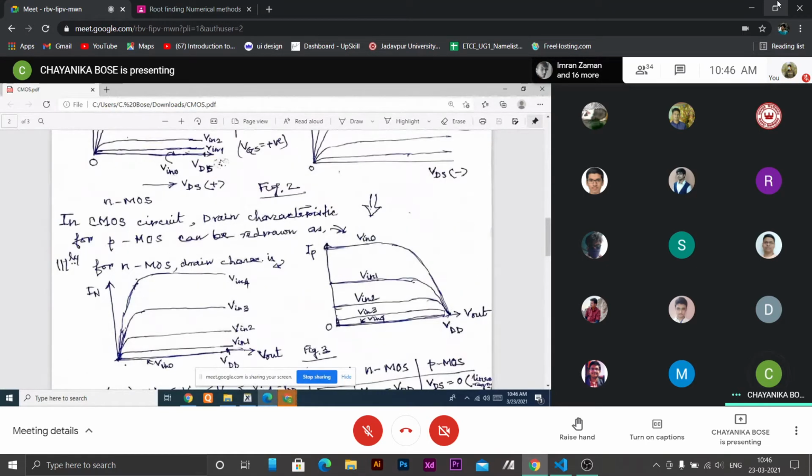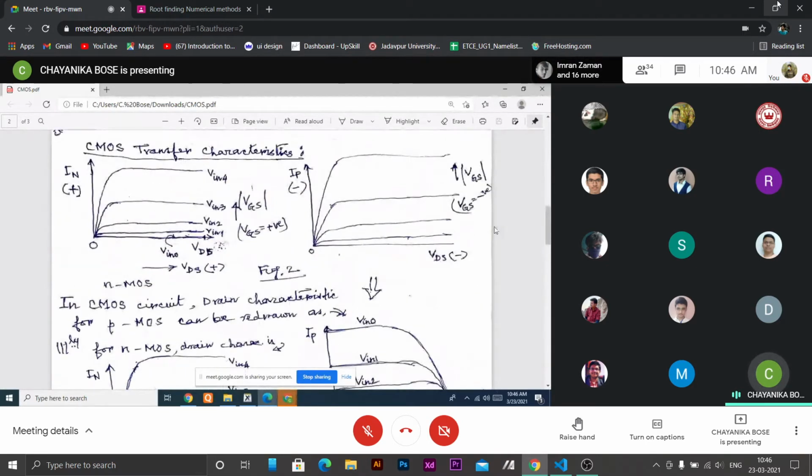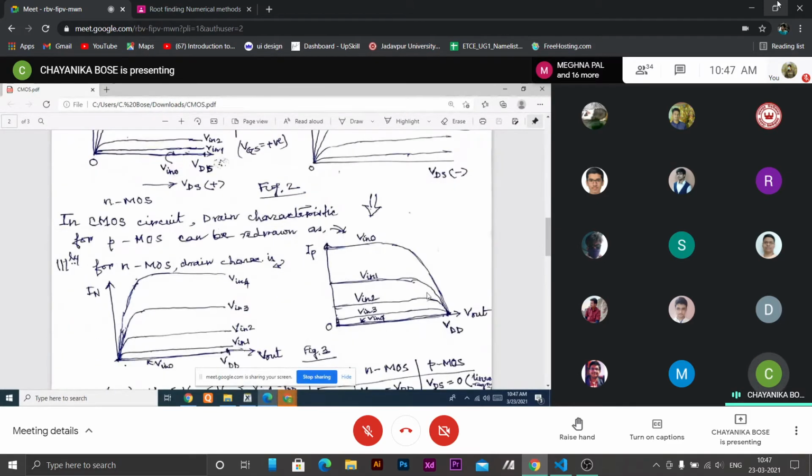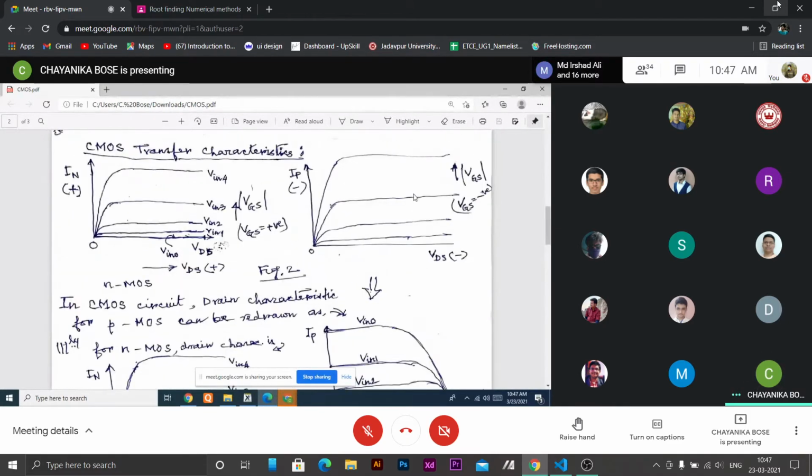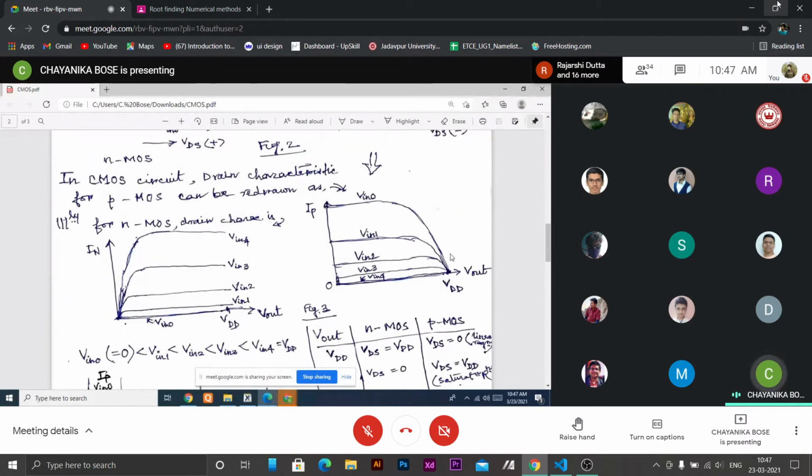So this was our normal one, we plot it with negative VDS like this. So when our output is VDD, the drain to source voltage appearing across the PMOS is small, 0. So these linear regions will appear, associated with this V out equal to VDD plot.